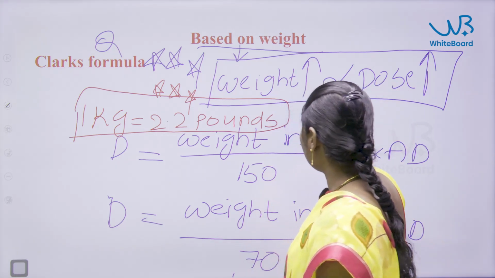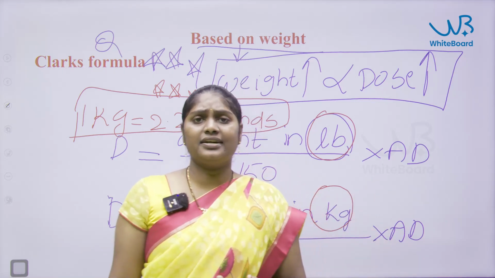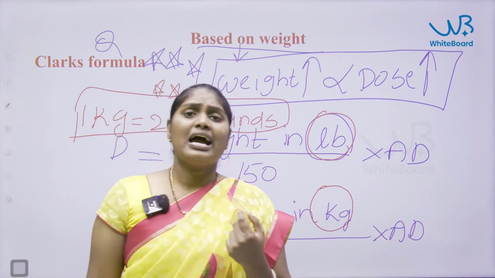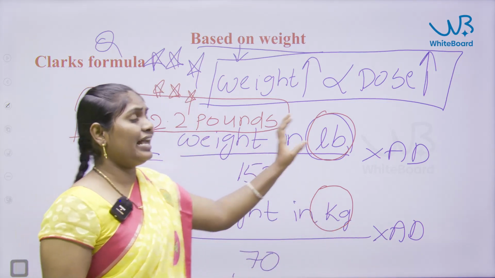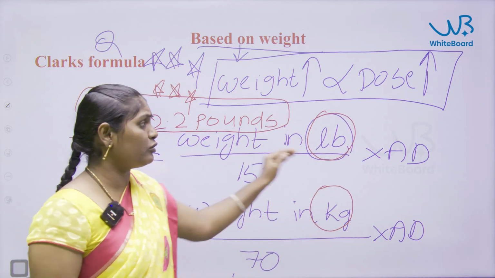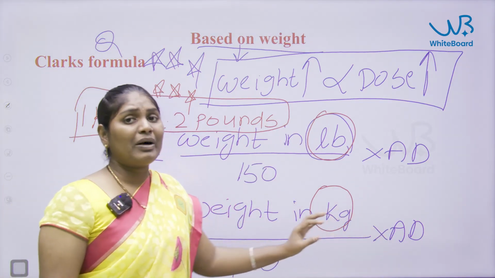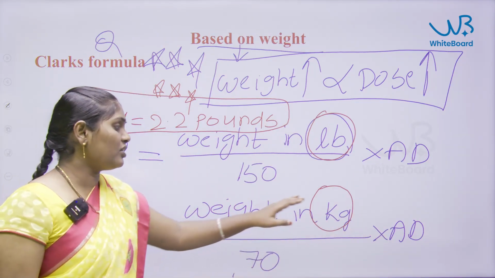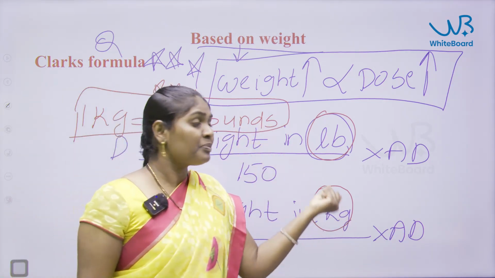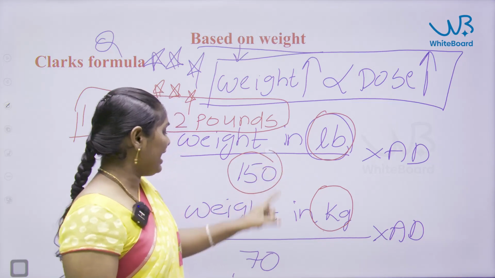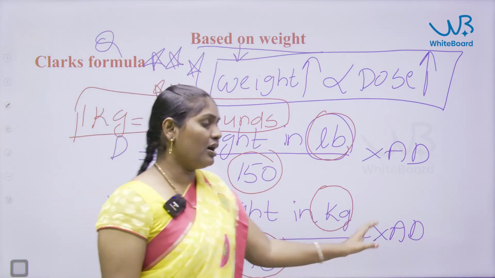As we have seen pounds here, we have two formulas: one is based on pounds and the other is based on kgs. Weight in lbs or pounds by 150 into adult dose, and weight in kgs by 70. Kgs is less whereas pounds is more, so that's why this is 150 and here you have 70, into adult dose.